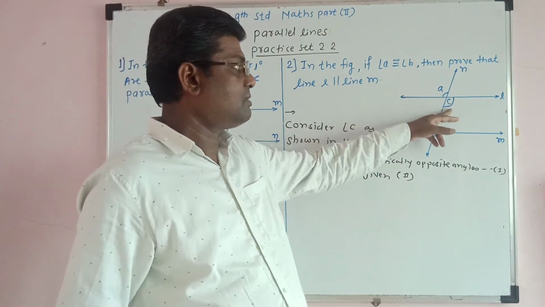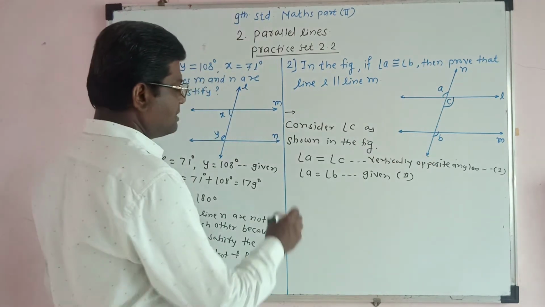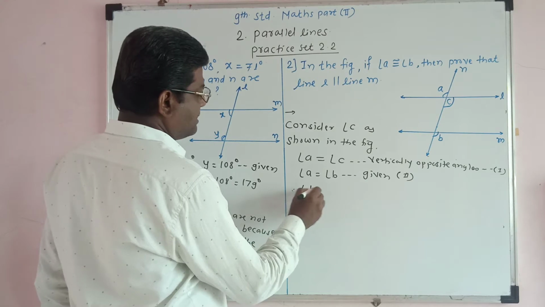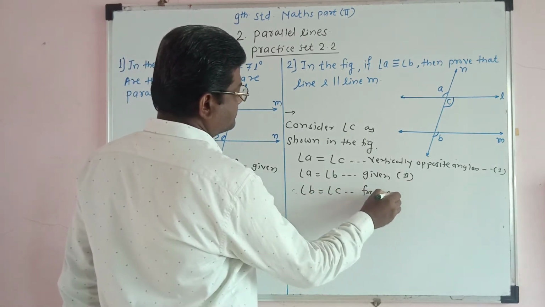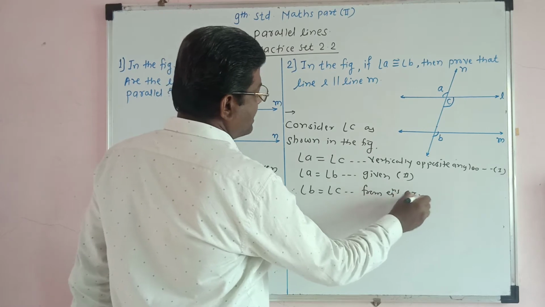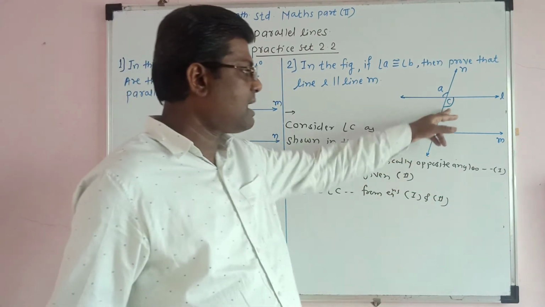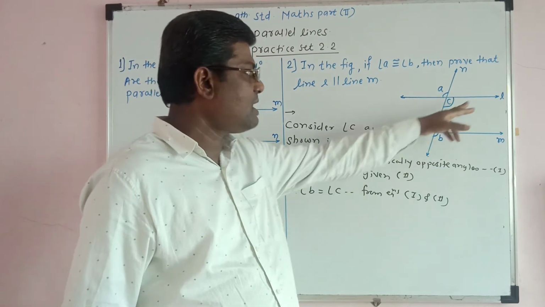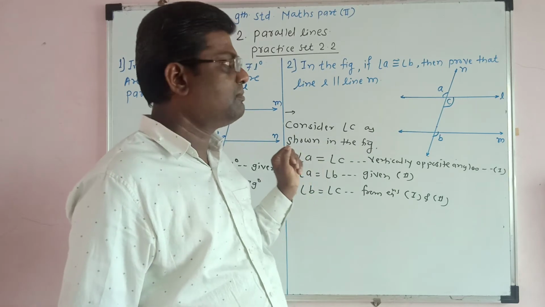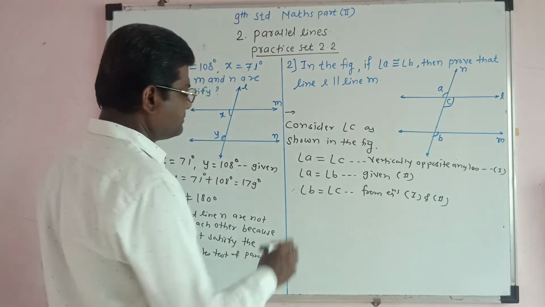These two angles are equal, and this angle and this angle are equal. Therefore these two angles are equal. Therefore angle B is equal to angle C, from equations 1 and 2. But these two angles are corresponding angles and they are equal. Therefore line L parallel line M according to the corresponding angles test.